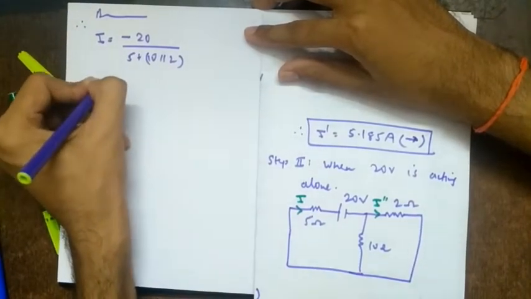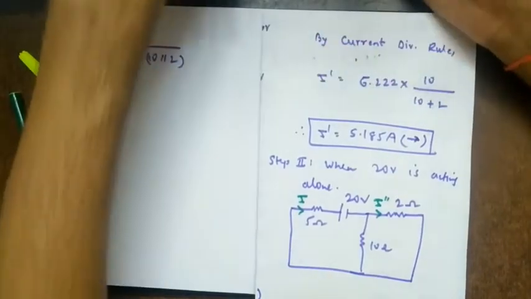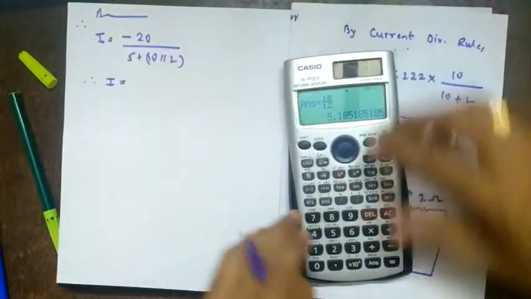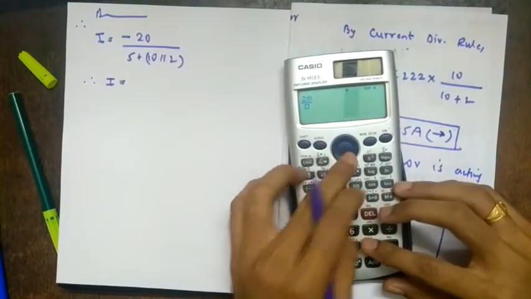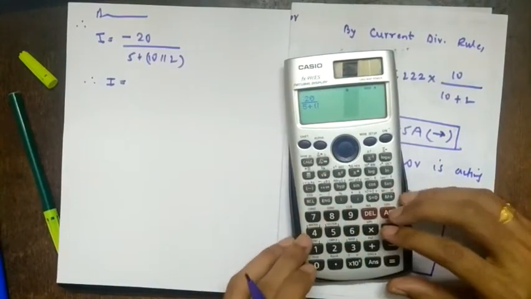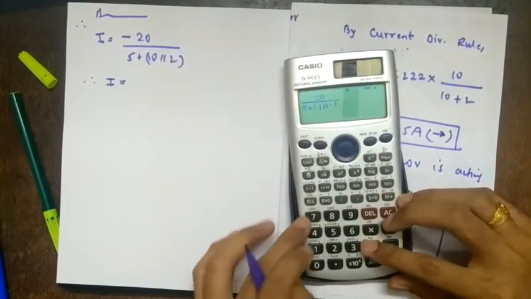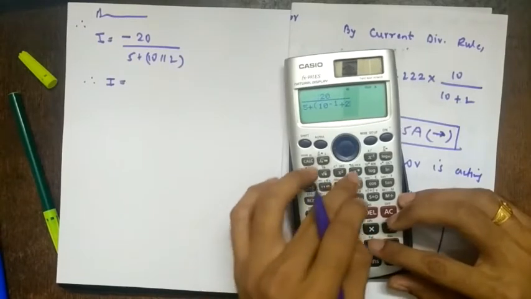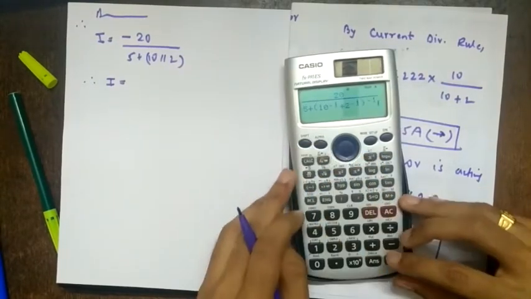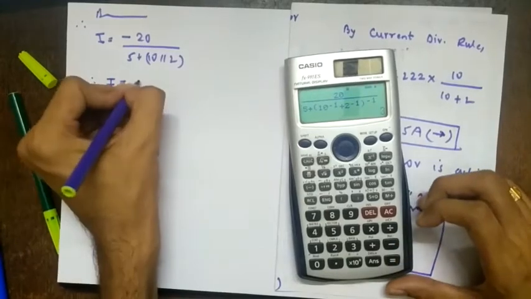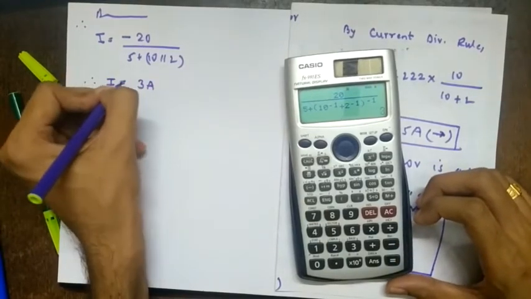So therefore I equal to 20 upon 5 plus 10 inverse plus 2 inverse. So it is 3 amperes minus.